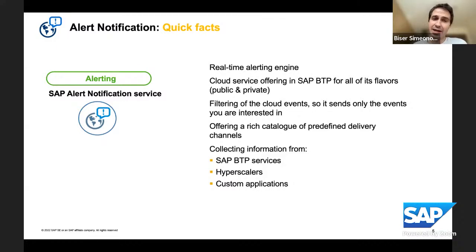And an important topic is where we collect these cloud events from, which the Alert Notification Service processes and builds the alerts. The answer is from SAP BTP, but not only, because the scope of the Alert Notification Service can be extended. So we can collect those cloud events from different hyperscalers which you might be using, or from custom applications which are outside the BTP.